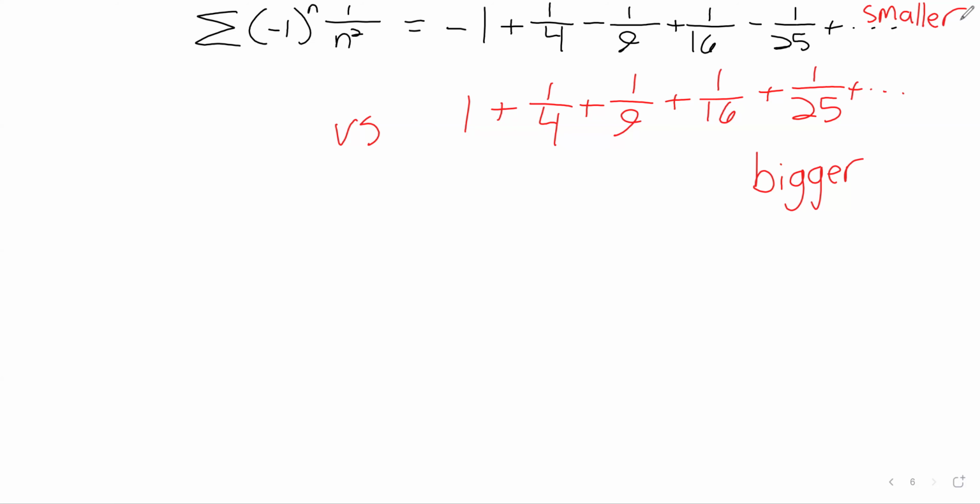I mean, not exactly, but the same intuition as the comparison test. If this bigger series is finite, then the smaller series must also be finite. You cannot have an infinite expression that is smaller than a finite expression. And that's absolute convergence.